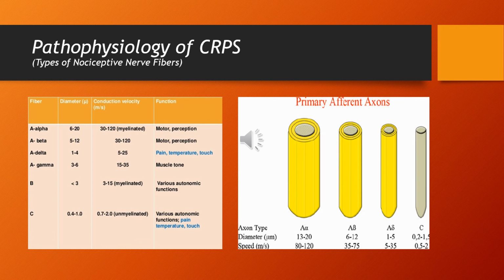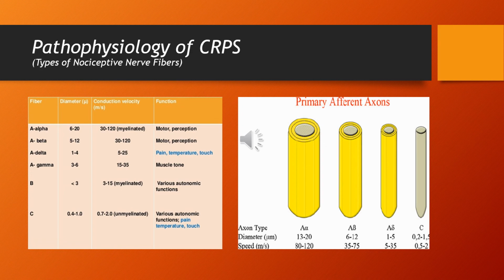Now here we have the types of nociceptive fibers that are the body's response to CRPS. As you recall, the nociceptors are sensory receptors that detect signals from damaged tissue or the threat of damage. Now here you see alpha A fibers. They are the thickest in diameter and the fastest conduction speed. They're followed by the A beta and the A delta fibers.